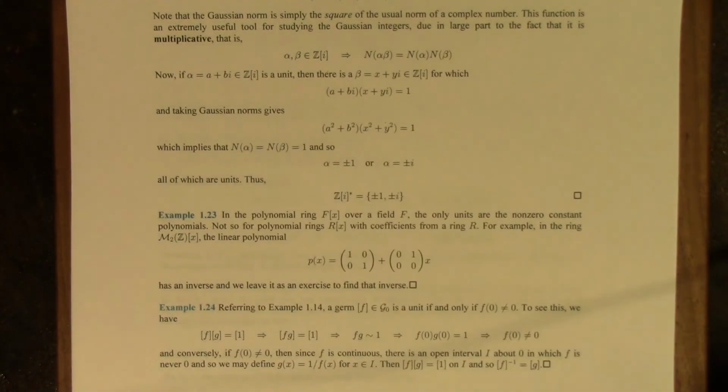So you see in this case that the Gaussian norm made it very easy to determine the units. So I might suggest you see if you can figure out what the units are without using the Gaussian norm. See how that goes.